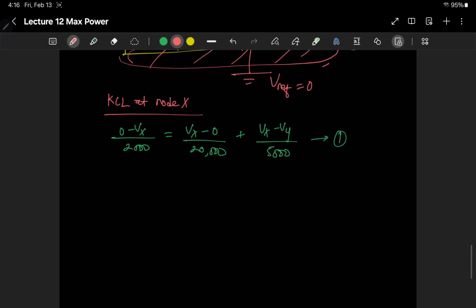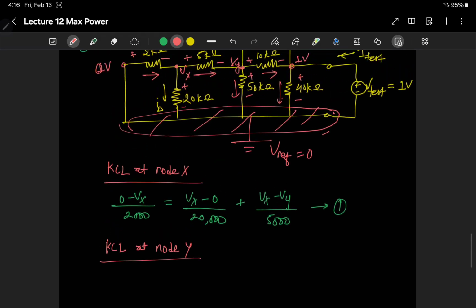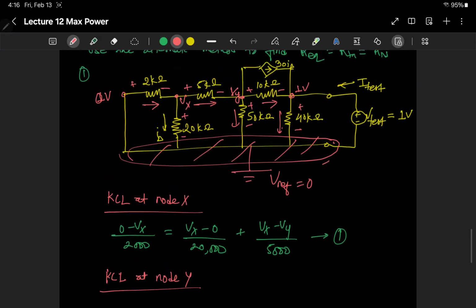And let's write KCL at node y. Looking into node y, the current entering is Vx minus Vy divided by 5 kilo ohms. One current leaving is Vy minus 0 divided by 50 kilo ohms, another one is Vy minus 1 divided by 10 kilo ohms, and the other one is going in this direction, which is 30 I delta, right?